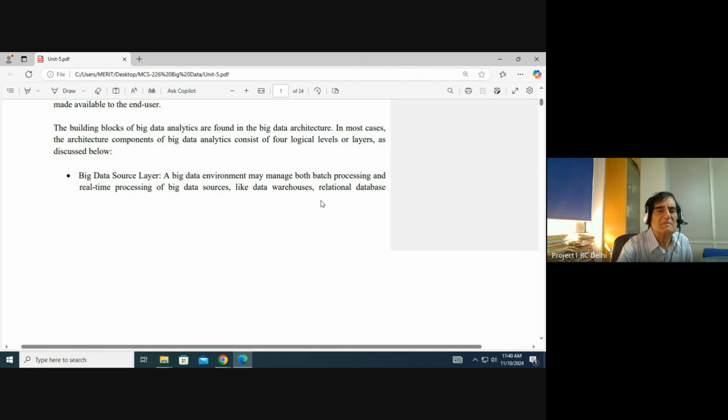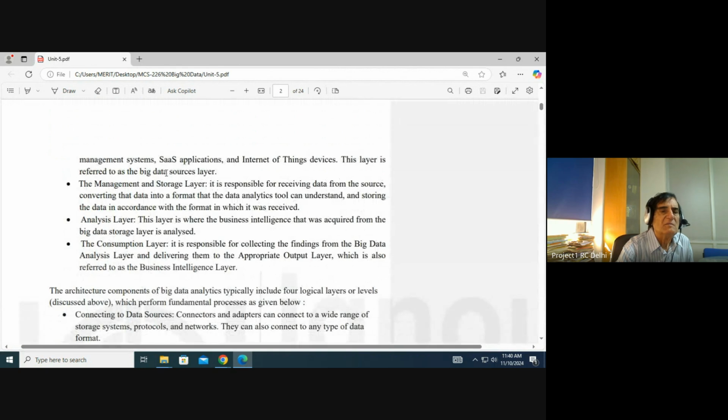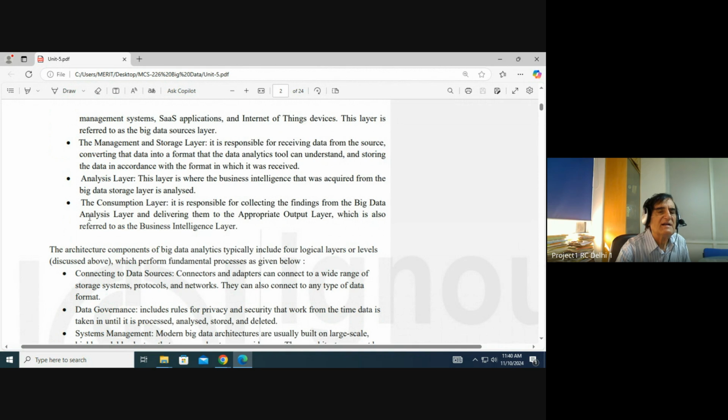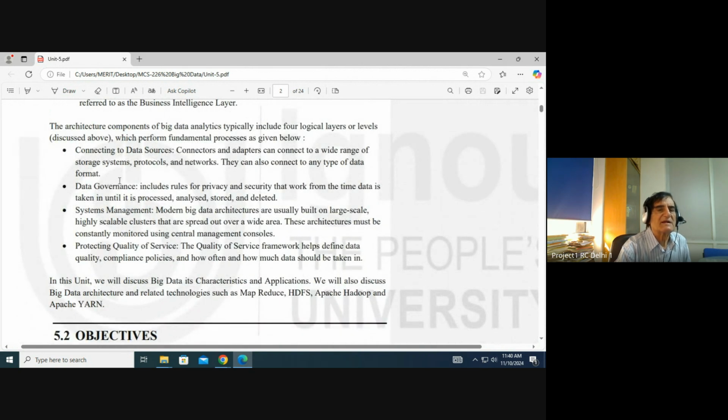So relational database management systems, SaaS applications and Internet of Things devices, that is referred to as big data sources. Then the management storage layer, analysis layer, and consumption layer. So these are the three layers which we have to take care of. Connecting to data sources, data governance, system management, and protecting quality of service.